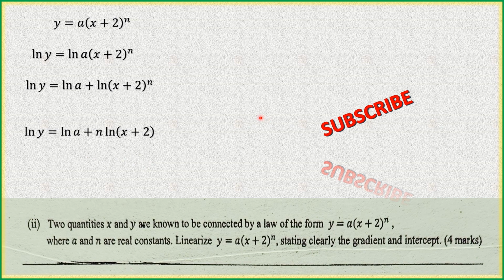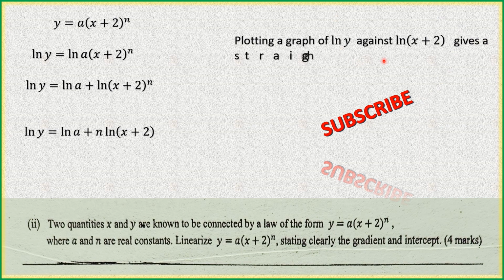Going back to our presentation, from here, plotting a graph of ln y against ln of x plus 2 gives us a straight line whose gradient is n and the vertical intercept, I insist, vertical intercept, because just saying intercept is wrong, is ln a. When we talk of the intercept, we are talking about the vertical intercept.